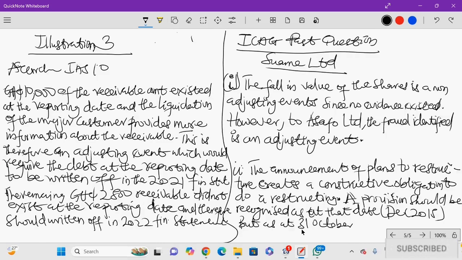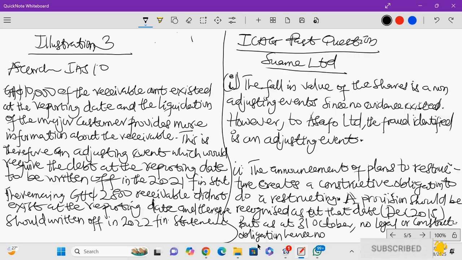But after 31st October, what happens? No legal or constructive obligation, because the 31st October is the reporting date.